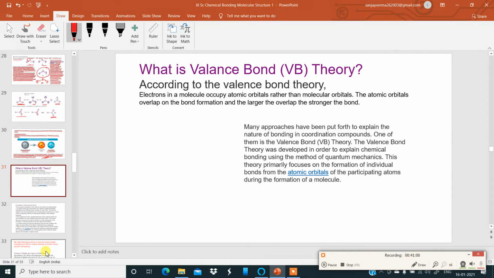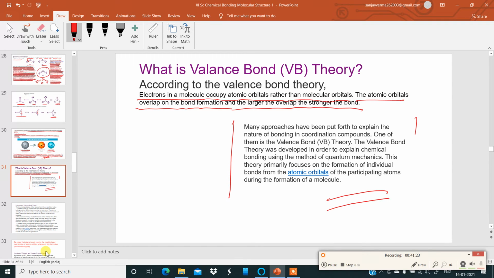Now, there is one theory which is obsolete nowadays, called valence bond theory, VBT. According to the VBT, electrons in a molecule occupy atomic orbitals rather than molecular orbitals. The atomic orbitals overlap on bond formation, and the larger the overlap, the stronger will be the bond. Now, many approaches have been put forth to explain the nature of bonding in coordination compounds.